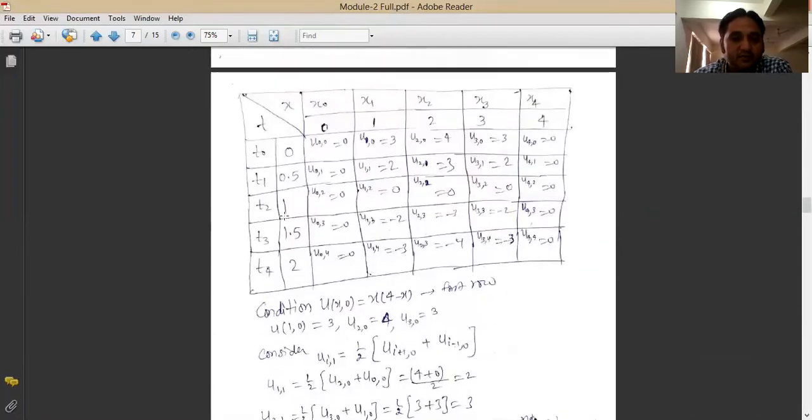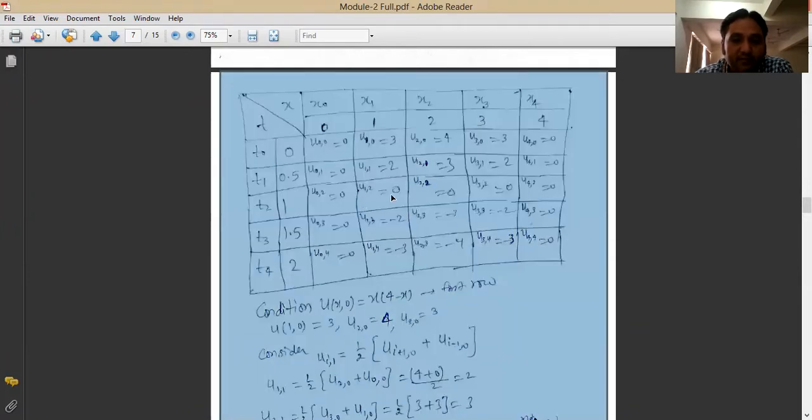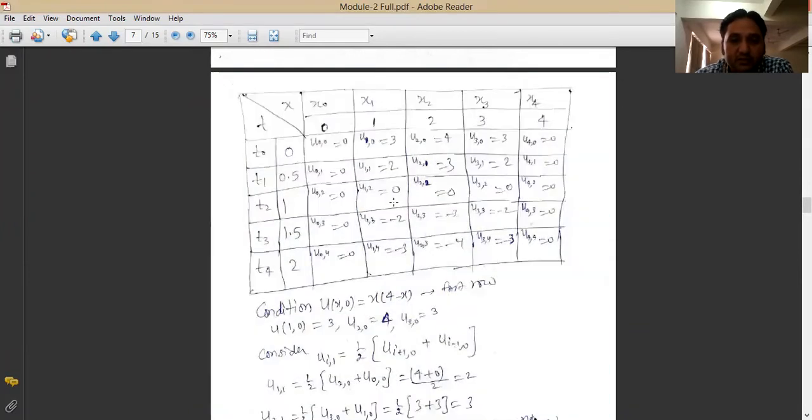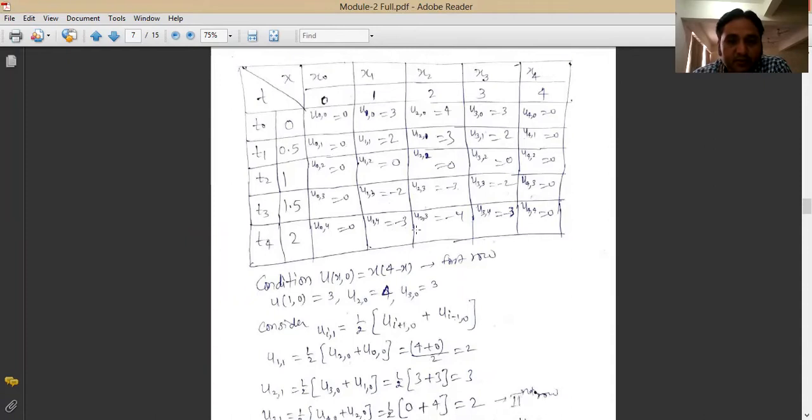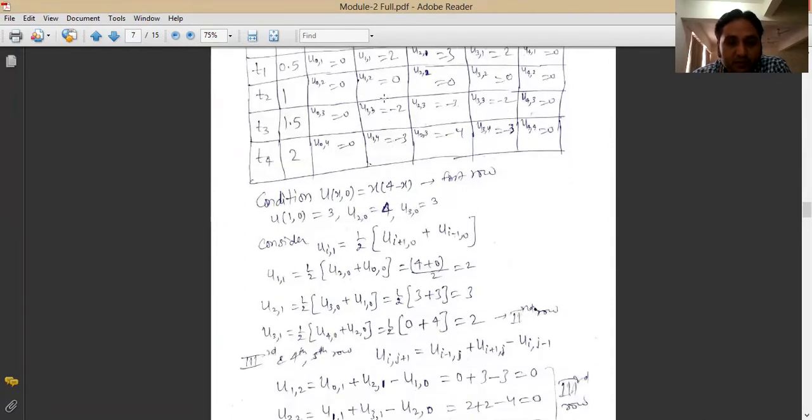It's very simple only. See this third row, you concentrate here. If suppose I want to calculate this value, then how we say, the above value you have to see, right? So you want u of 1 comma 2.